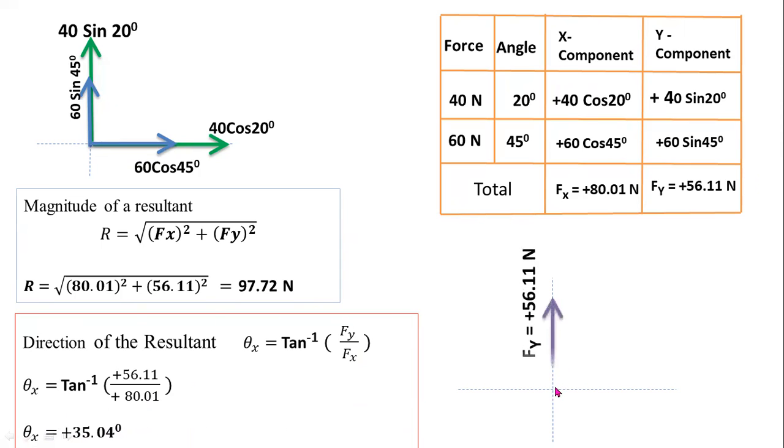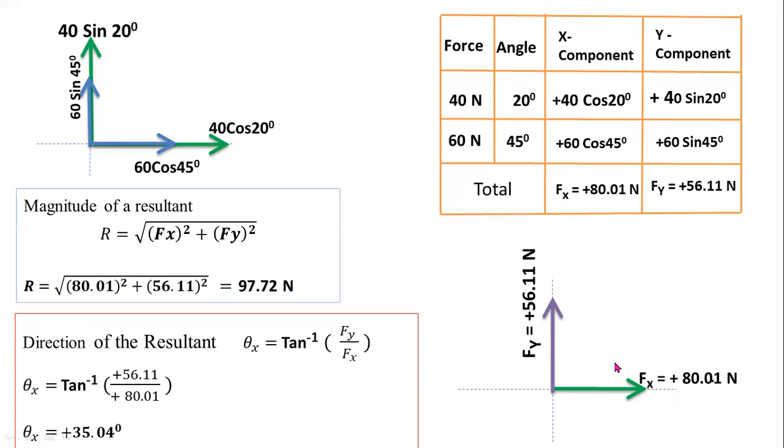Okay, so this is the y-axis. Here the sign for Fy is positive, so you have to consider this vertical force in the upward direction, and the horizontal force is positive, so you have to consider the right side direction. For the right side direction, you have to consider a positive sign. For the upward direction, you have to consider a positive sign.